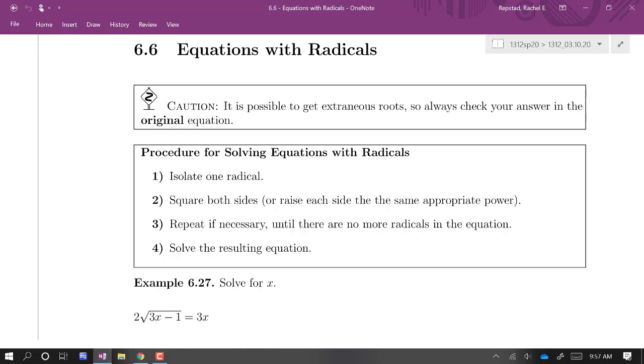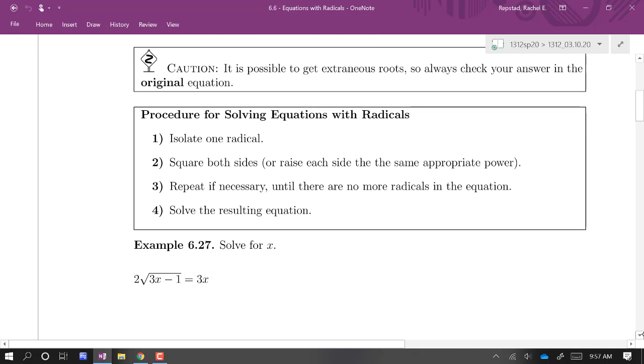So our basic procedure is, if you have a radical, you're going to isolate that radical, get it by itself, and then square both sides, or raise it to whatever power. If it's a cube root equation, you're going to cube both sides. You may need to repeat that process.